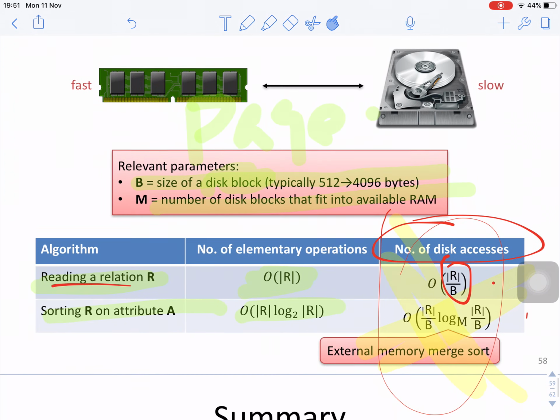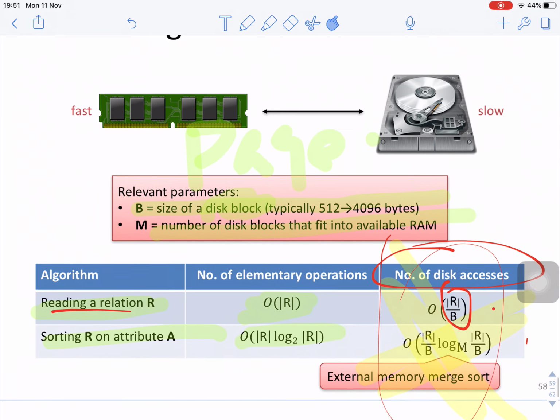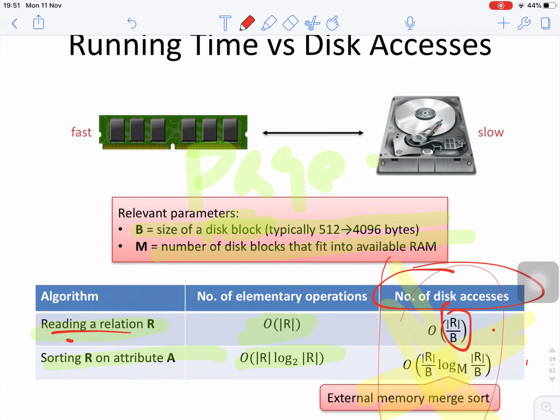Therefore, what if we are reading a relation R? It takes big O of R, and the number of disk accesses dominates the time for the operation.